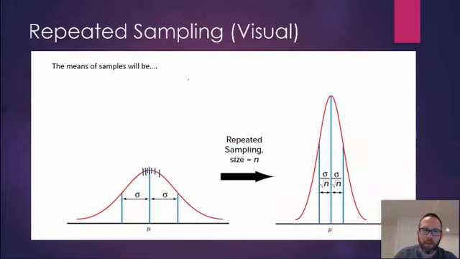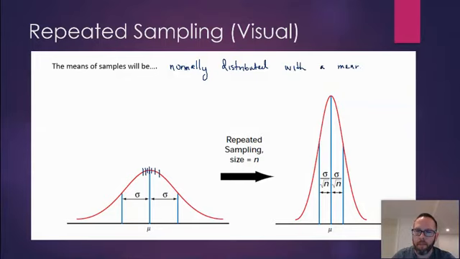So the means of the samples will be normally distributed with a mean of mu.